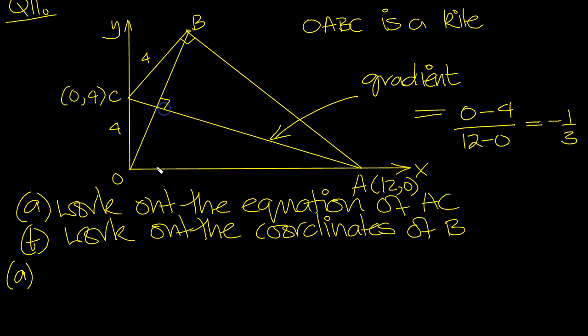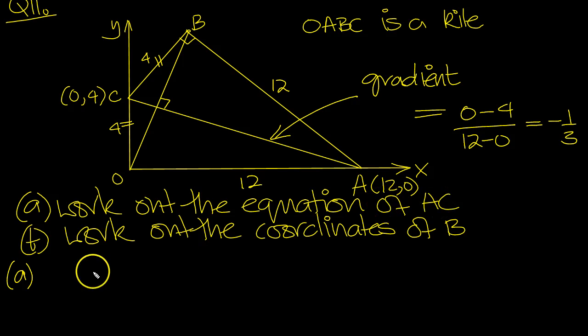It's a kite, so this is perpendicular here. This length is the same as this length, so I've put the height 4 in already, and that side is 4. This length here is 12, because the x-coordinate here is 12.